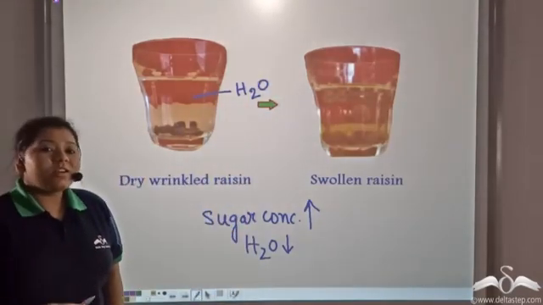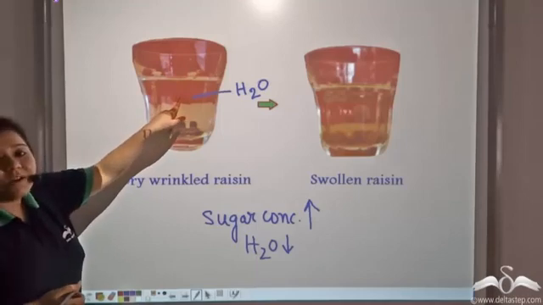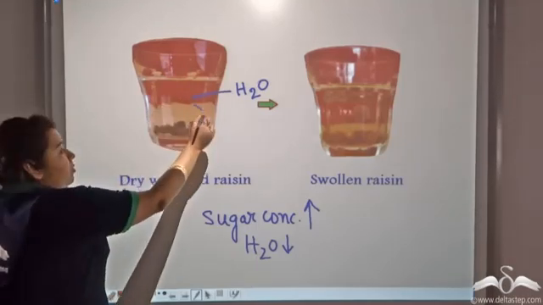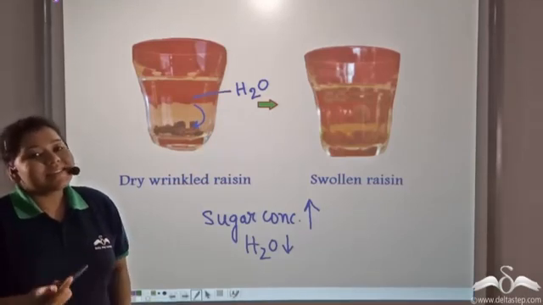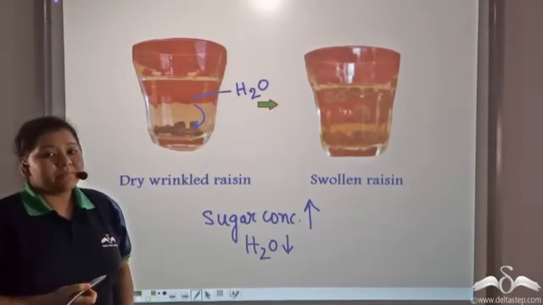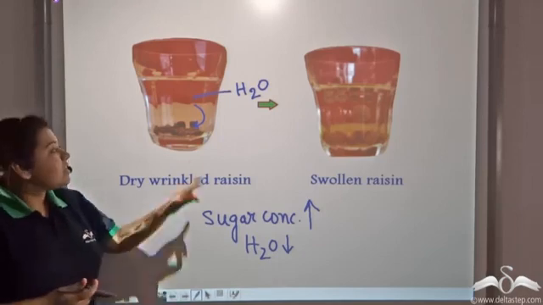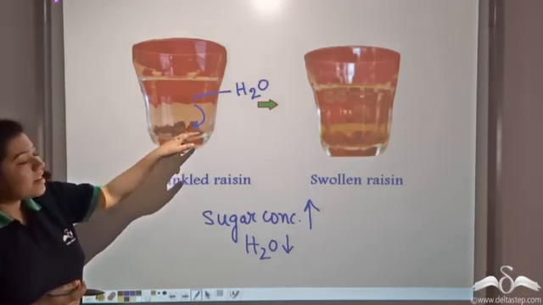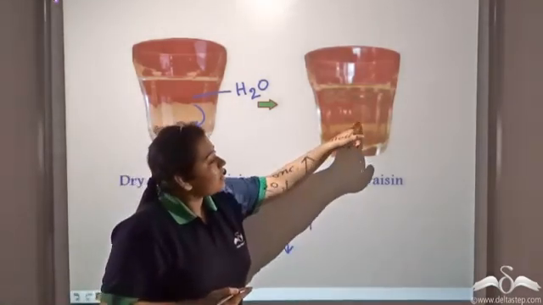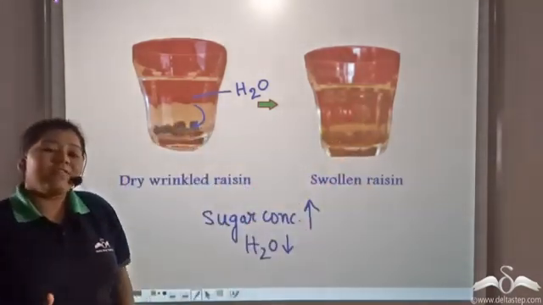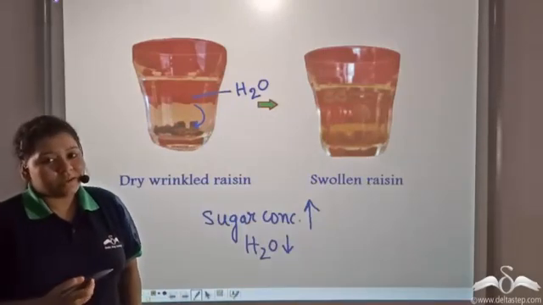So, water travels from a high concentration area to a low concentration area across a semi-permeable cell membrane. And thus, these raisins take up water and they become swollen, and these raisins now have an increased water content.